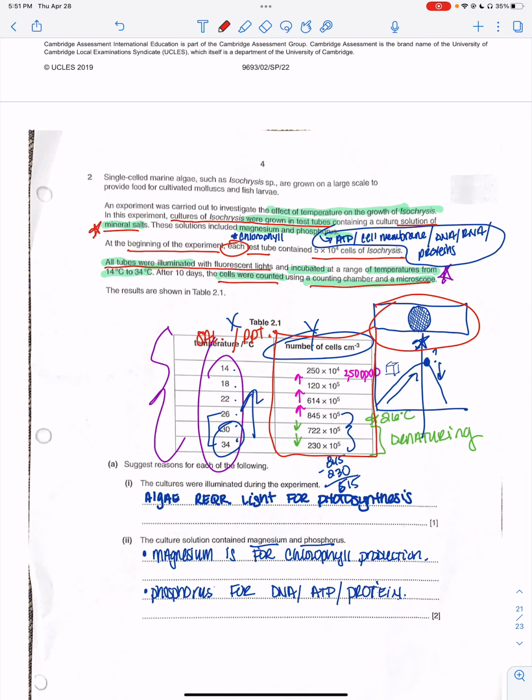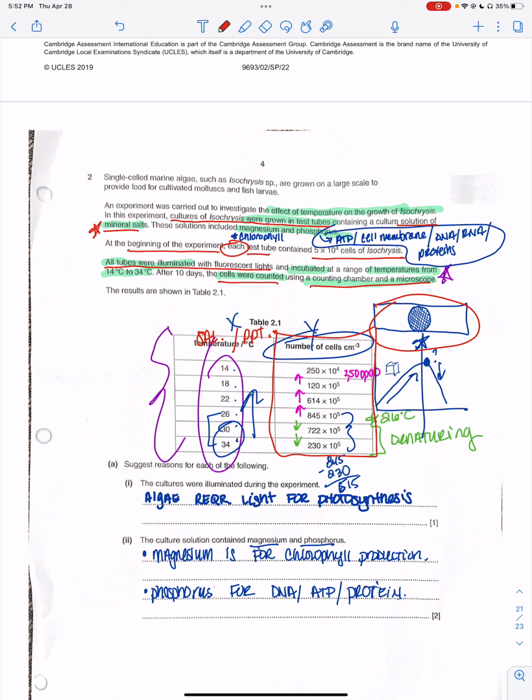You're going to see the effect of salinity on the growth of Isochrysis. The experiment, you're going to have cultures of them grown in test tubes. And at the beginning of the experiment, each test tube will contain 5 times 10 to the 4 cells of that organism. All test tubes will be illuminated and given the same volume of water with varying amounts of salinity.